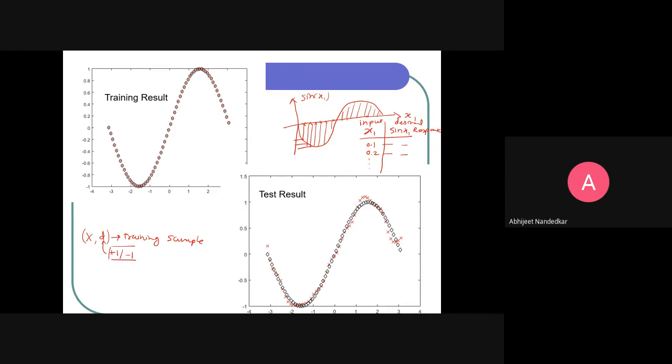Instead of this binary outcome, where I was representing plus 1 for say class 1 and minus 1 for class 2, I am going to use D as now sine of x. That is my desired value. I will be supplying you x, and this feed forward network will throw out say sine of x. Okay, that is my aim.